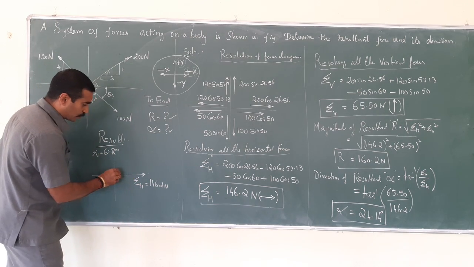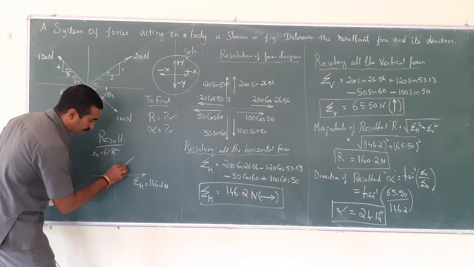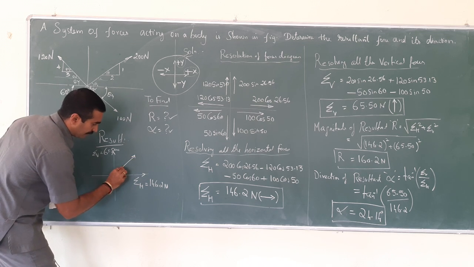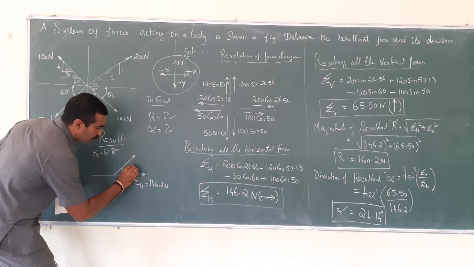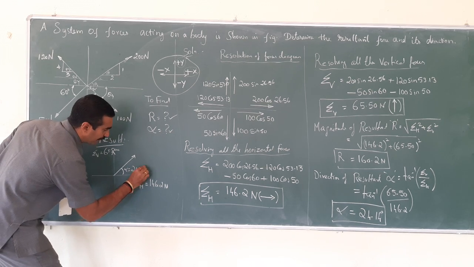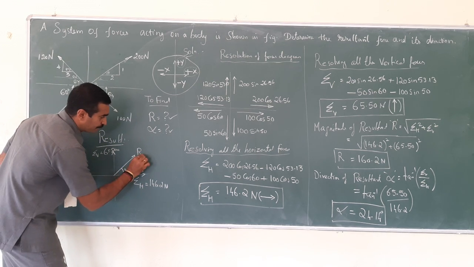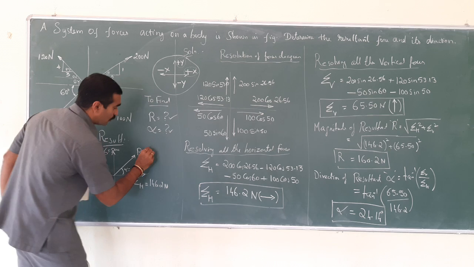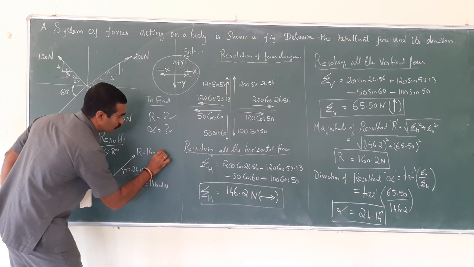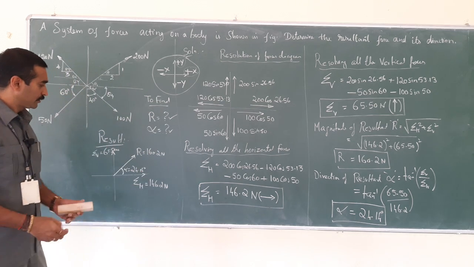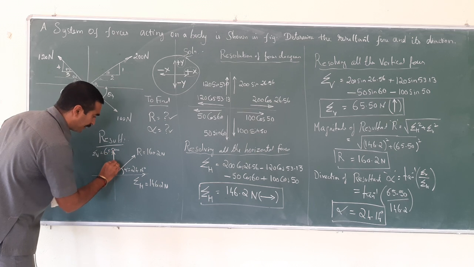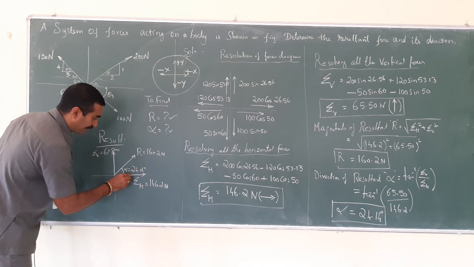So this alpha is equal to 24.14 degrees. And the resultant, which has already been arrived, is 160.2 Newton. You need to specify the graphical representation here.